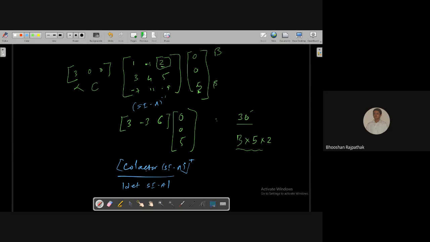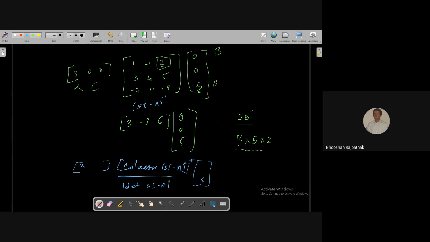You are basically multiplying cofactor of sI minus A transpose by the C matrix here and B matrix here, where this is non-zero and this is non-zero, or some entry non-zero. Okay, so only that element cofactor you want. No need to calculate all the cofactors.